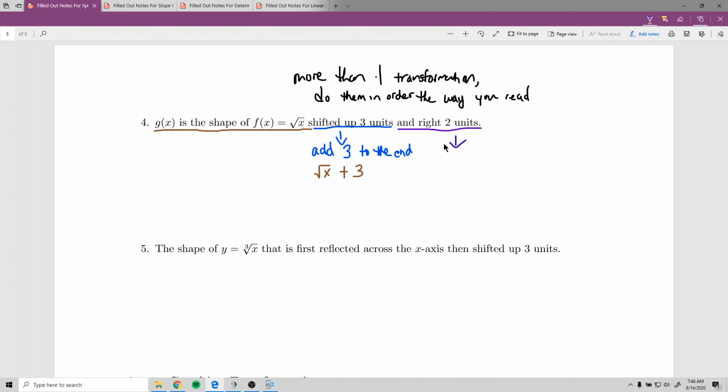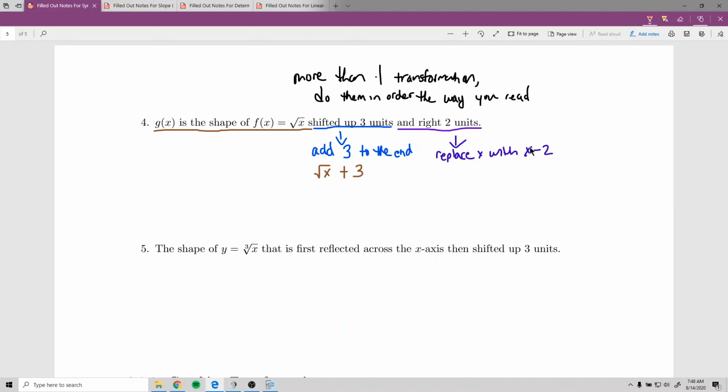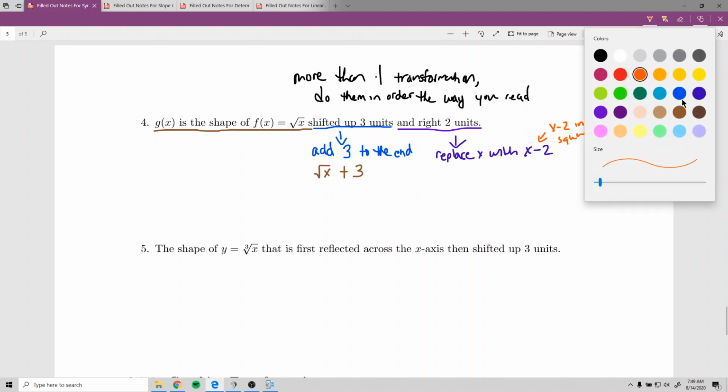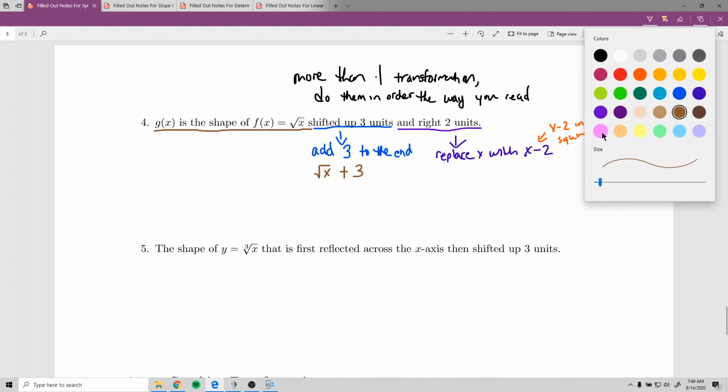And then shifting to the right 2 units means we replace x with x minus 2. Right, and this one you have to be careful on because the x is inside the square root, so when we replace it, the x minus 2 and all goes inside the square root. But the 3, since it's at the very end, does not go inside the square root.